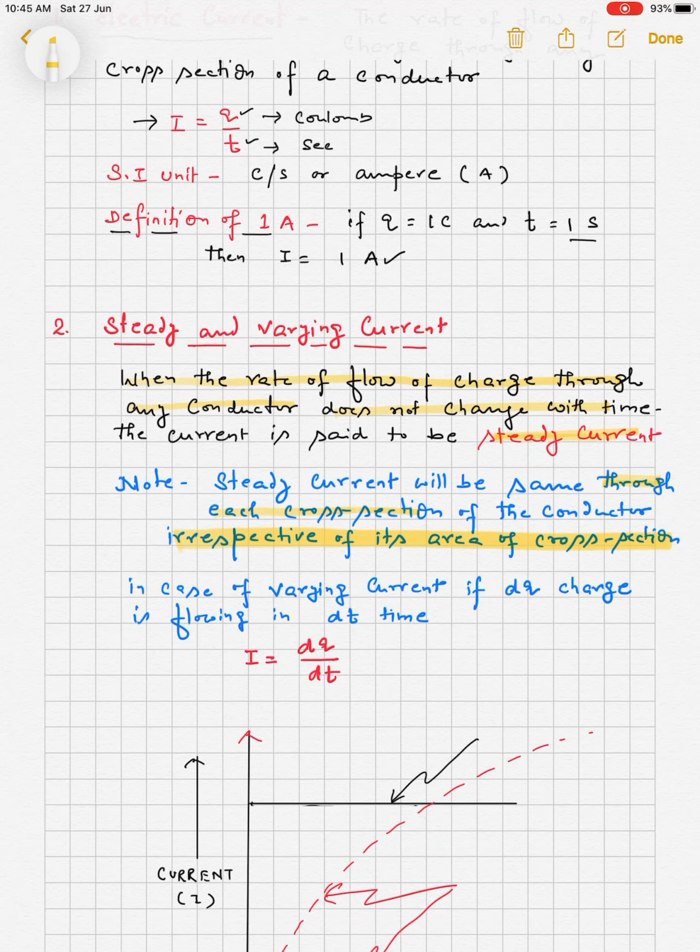Area of cross section can be different, but steady current will remain the same at every cross section. In case of varying current, if dq charge flows in dt time, then the relation will be I equals dq upon dt.